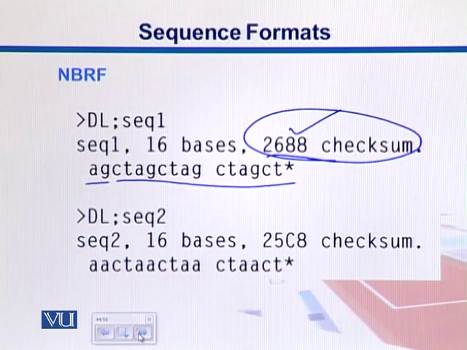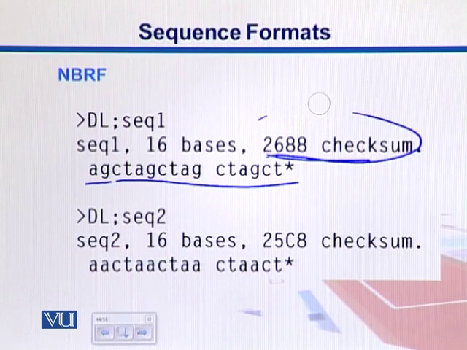Once somebody downloads the sequence, they can again compute the checksum on their computer. If they are equal to one another, it means the sequence is correctly downloaded. Otherwise, there must be some issues with the downloading.